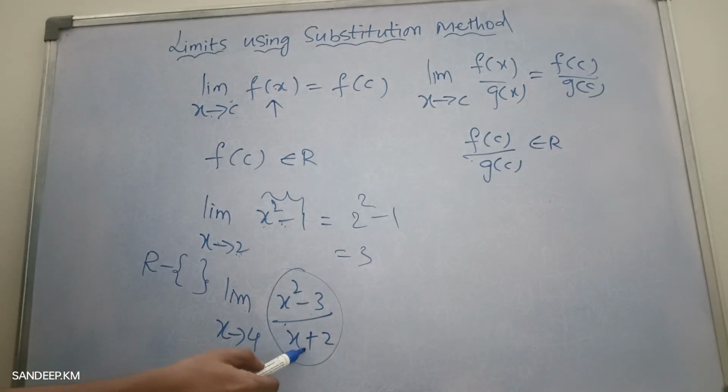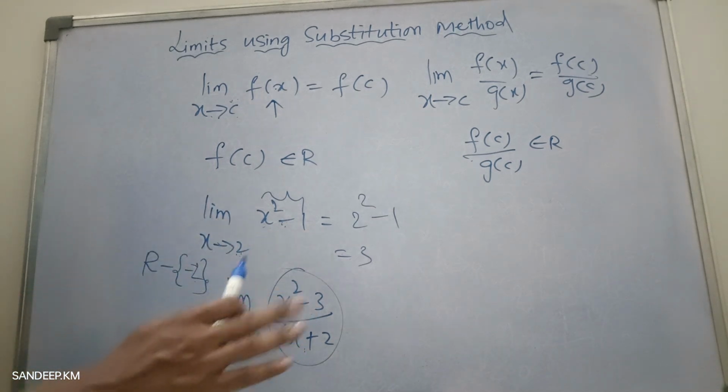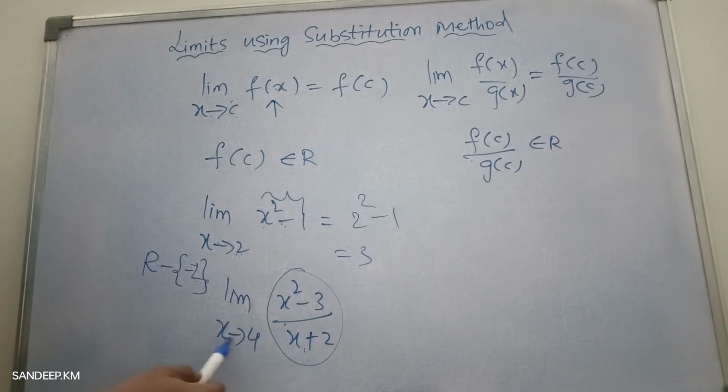What is the zero of the denominator? X is equal to minus 2. So this is the domain of this particular function. Except at minus 2, the function is continuous for all the remaining inputs. And you are trying to find the limit at x is equal to 4 only. At x is equal to 4, the function is continuous.